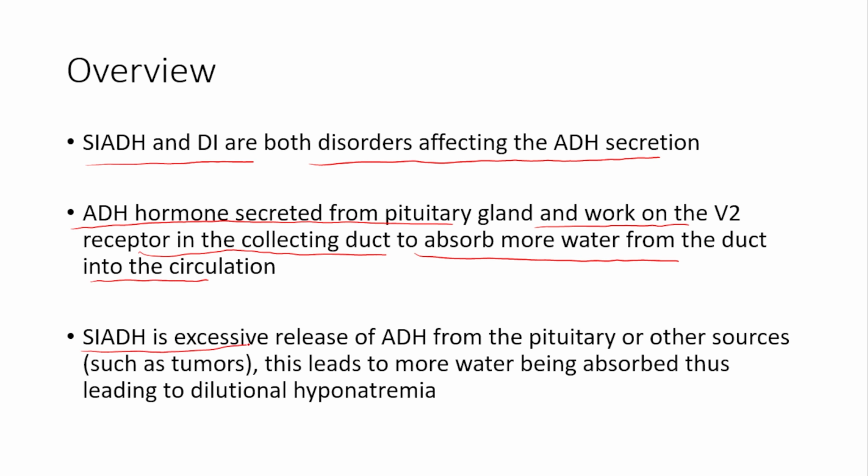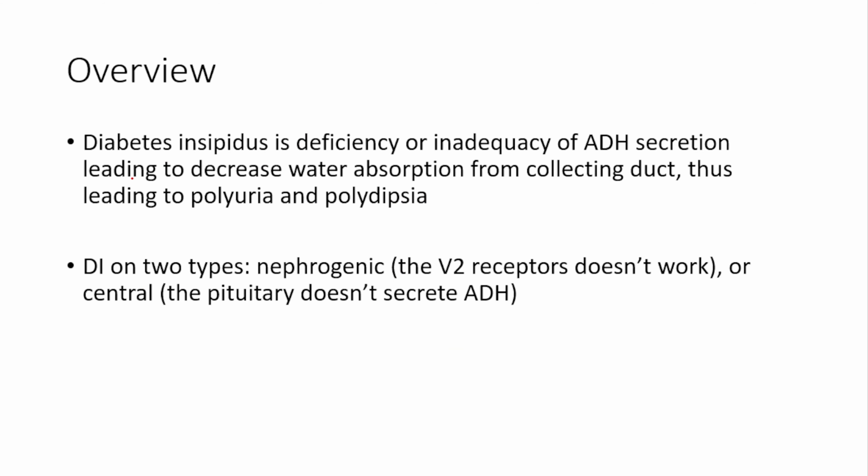SIADH is excessive secretion or release of the antidiuretic hormone from the pituitary or other sources such as tumors, and this leads to more water being absorbed, and this leads to dilutional hyponatremia and more fluid in the circulation of the human body. Diabetes insipidus is the opposite of SIADH.